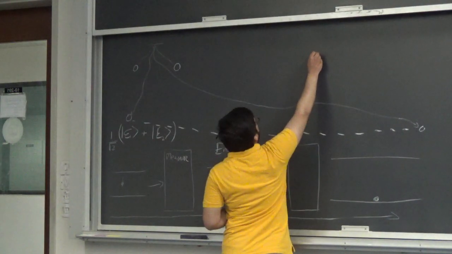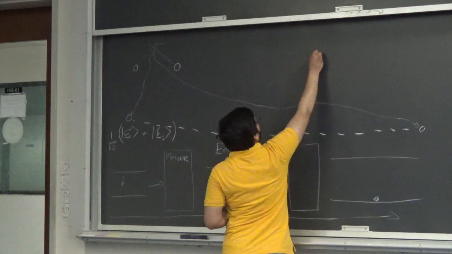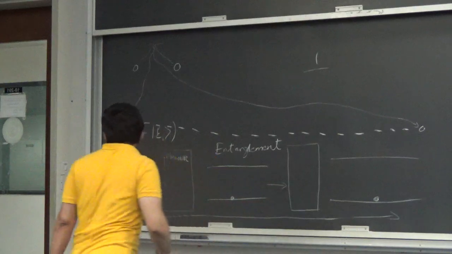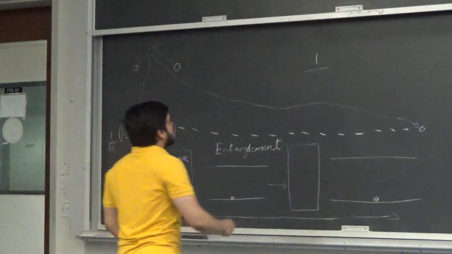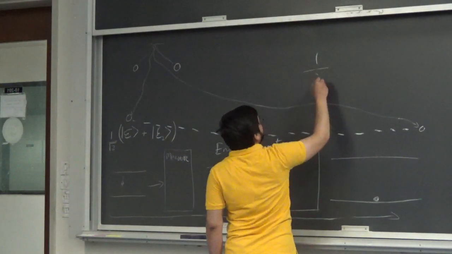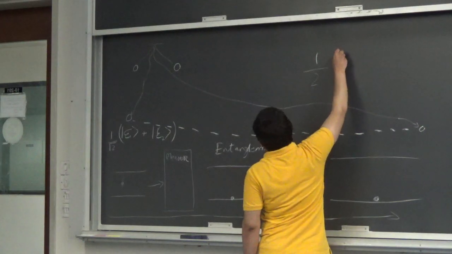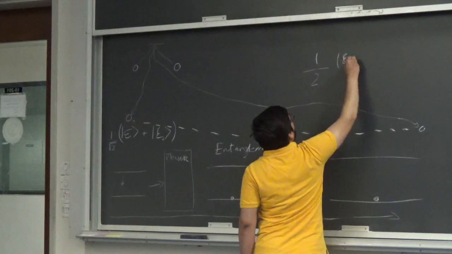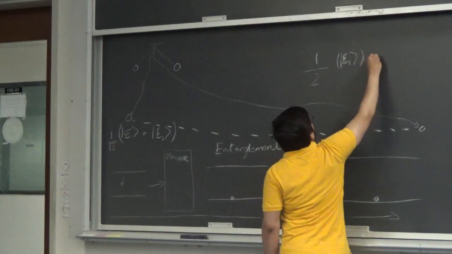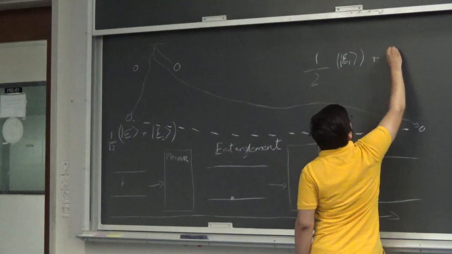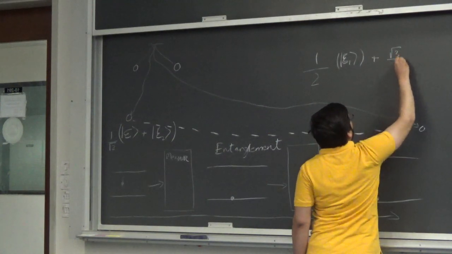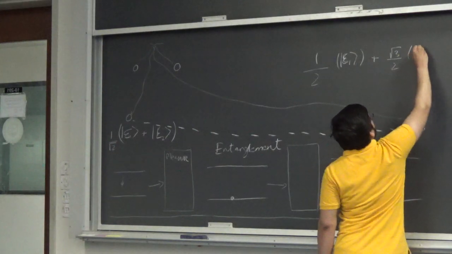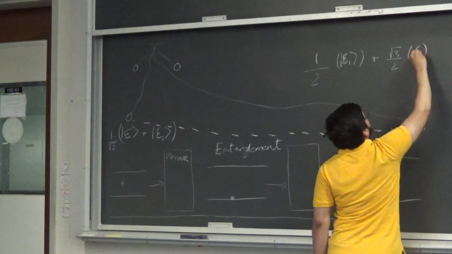Let's say it was 1 over square root, what was it? Plus square root 3 over 2 of E2.